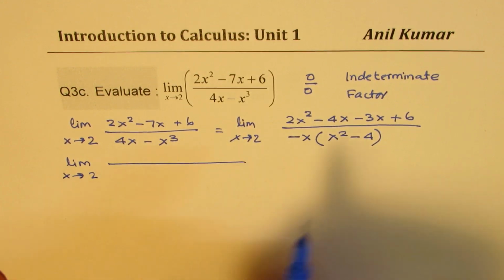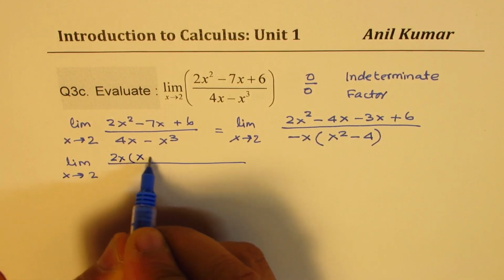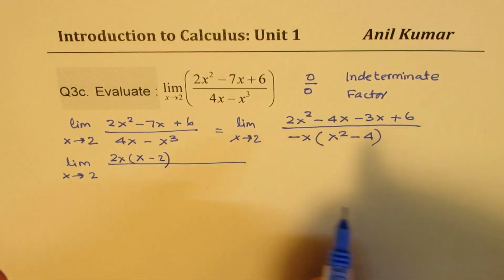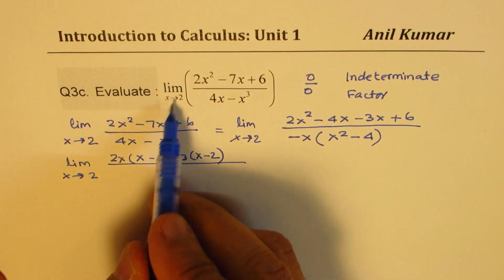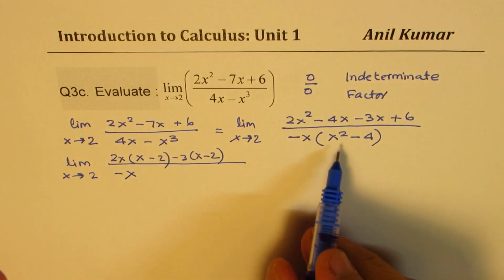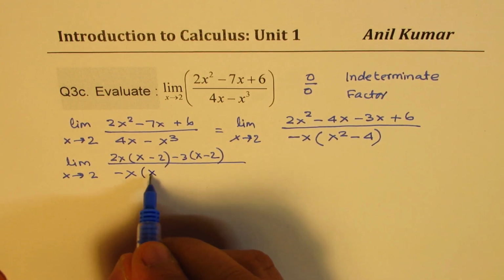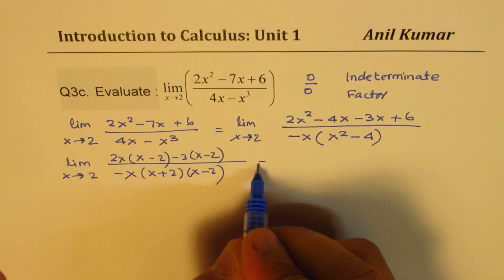The numerator, taking 2x common, we have x − 2. And here taking minus 3 common, we get x − 2. So that is what we were expecting, right? A factor of x − 2. And this could be written as x + 2 times x − 2, correct? We have nearly factored it.